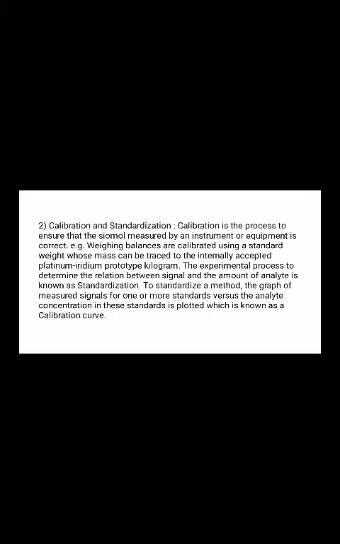The experimental process to determine the relation between signal and amount of analyte is known as standardization. To standardize a method, a graph of measured signal for one or more standards versus the analyte concentration in the standards is plotted, which is known as a calibration curve.